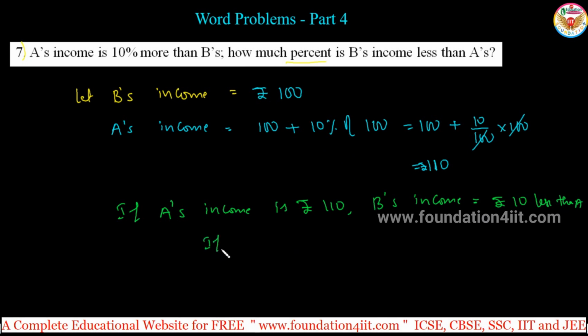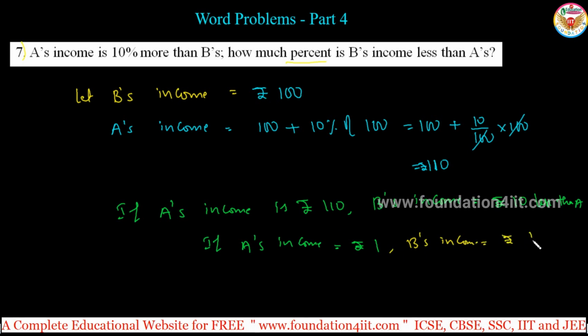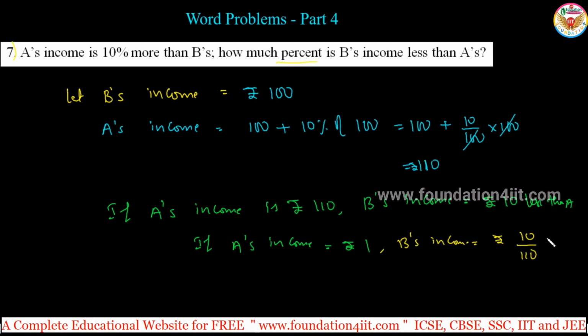So for example, if A's income is rupees 1, then B's income is less by 10 by 110. Because how much less by the original value, 110. This much is less than A.